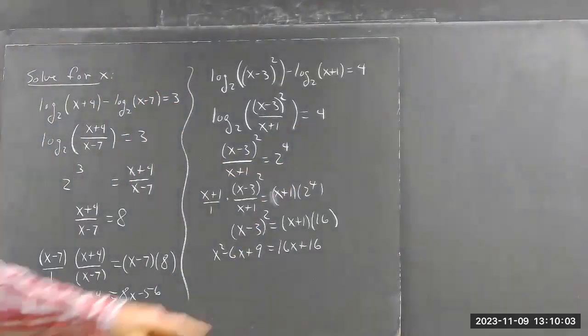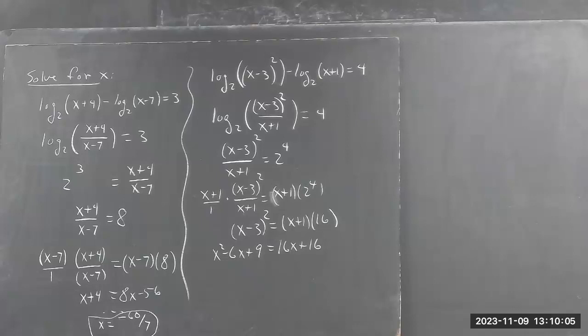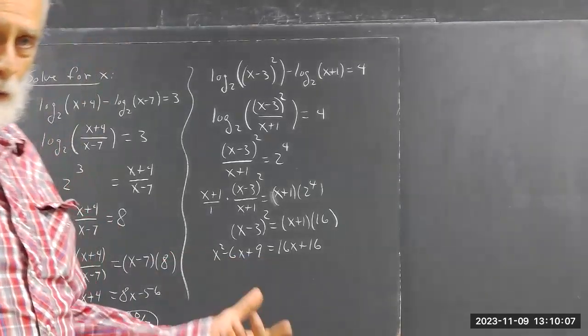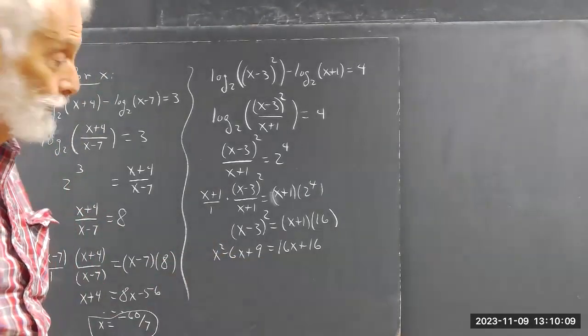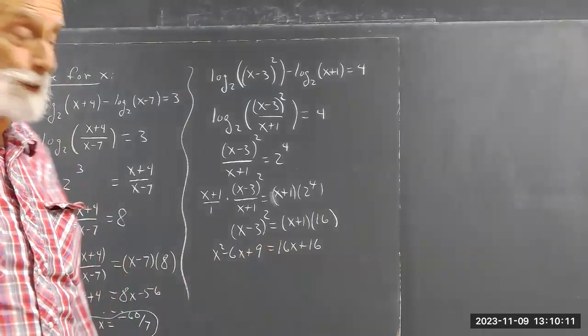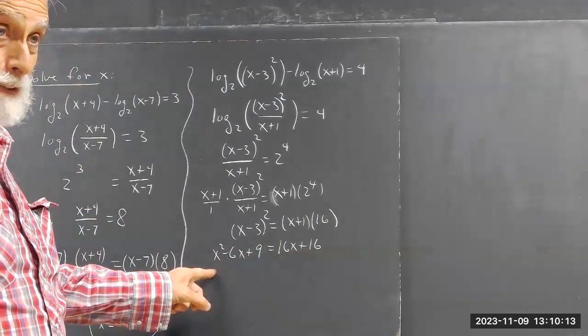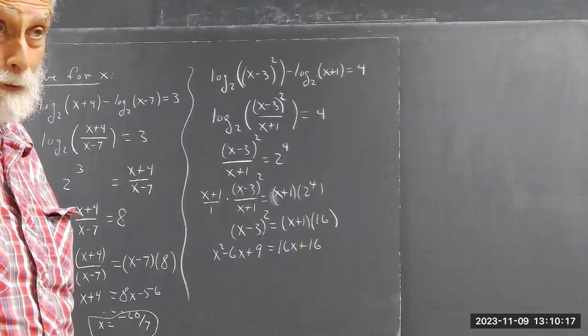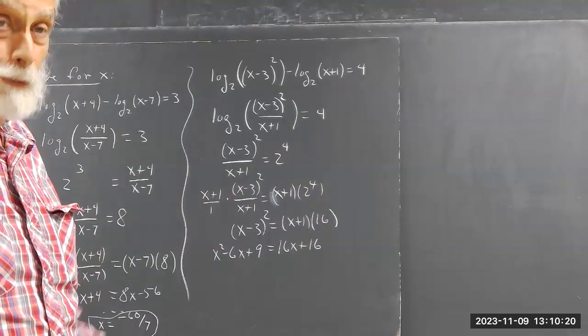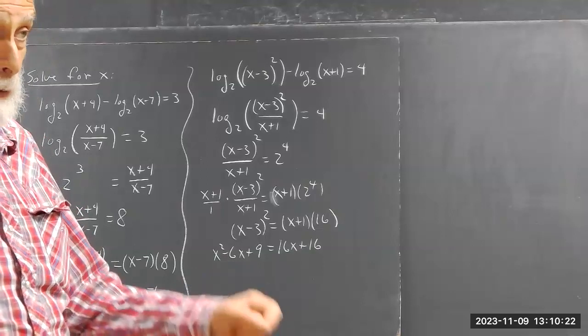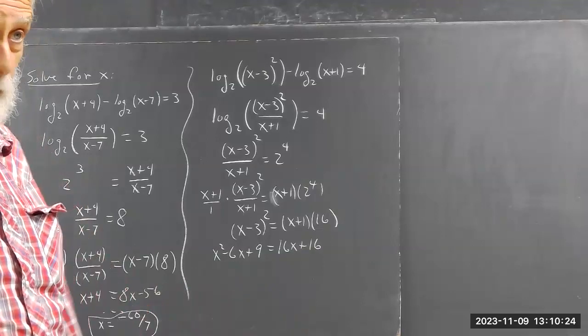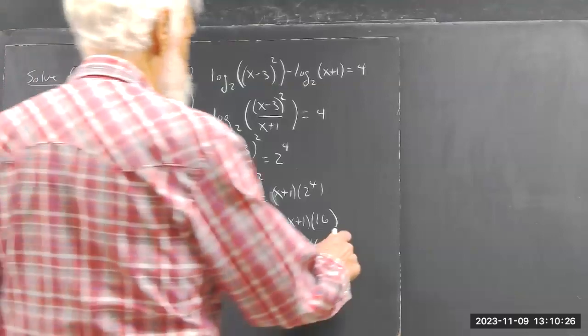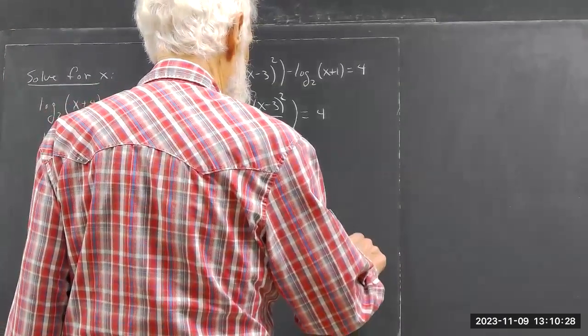Okay, now, seriously, how do we solve this equation? Well, we have to recognize that this is not a linear equation. It's got x squared in it. It's got x squared, it's got x's, and it's got constant numbers, which means it's a quadratic equation, and we've got to put it into the form of a quadratic equation.